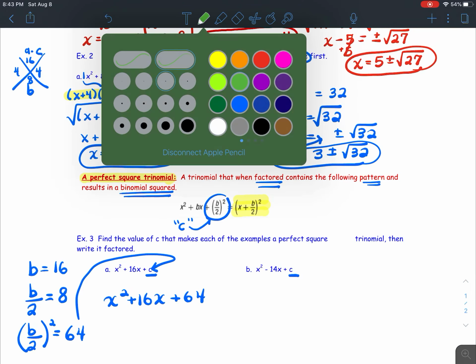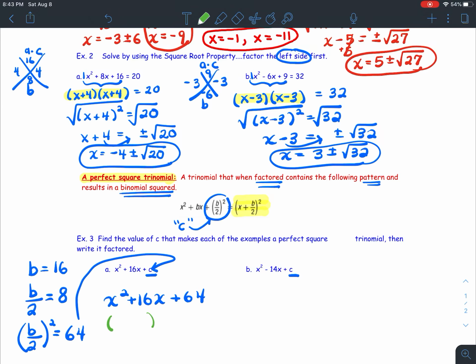So if the C value was 64 and I proceeded with trying to factor this, when I make my X puzzle, I need two numbers that multiply to be A times C but add to be the B value. So they have to multiply to be 64 but add to be 16. Those two values are 8 and 8. So this would factor into x plus 8 squared.